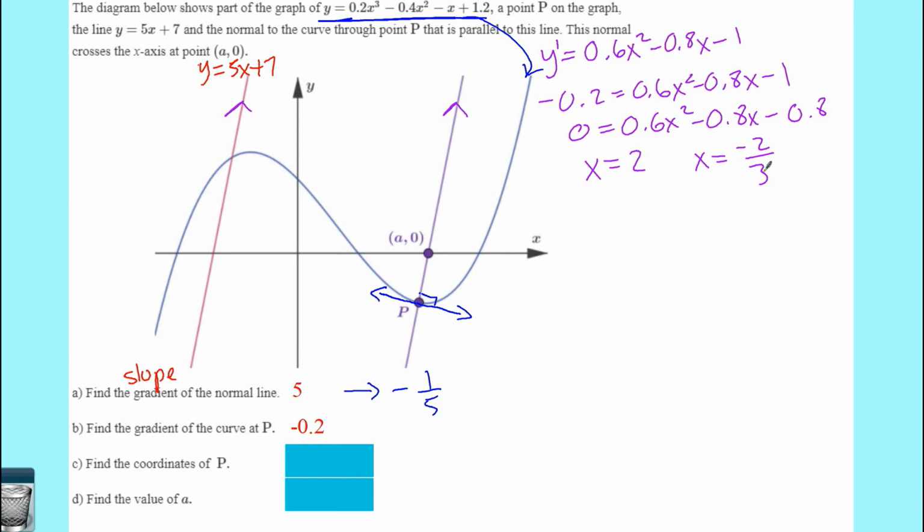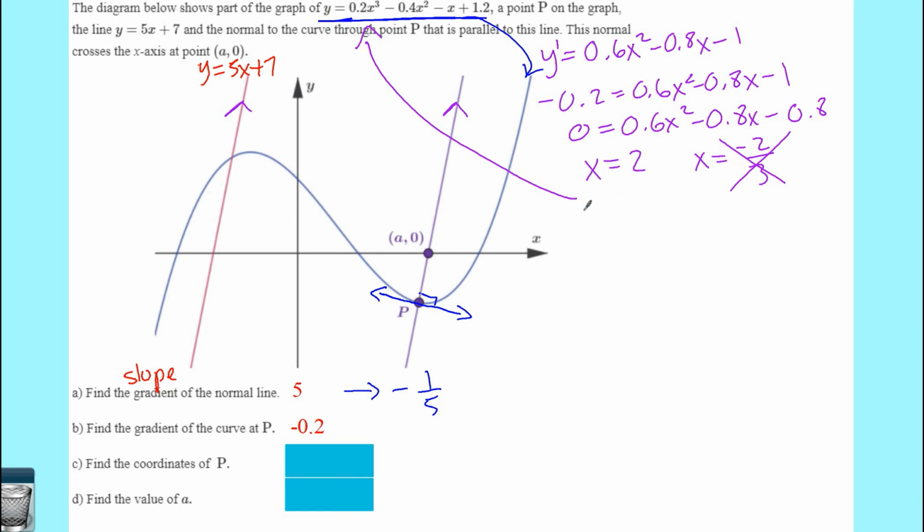We want to find the coordinates of P. That's 2 x values. What makes sense? Is x going to be 2 or negative 2/3? Hopefully, looking at the graph, you can tell this one doesn't make sense. So our x value should be positive 2. Then let's find the y value by plugging it back into our original equation.